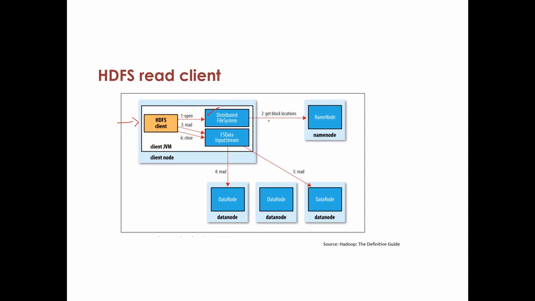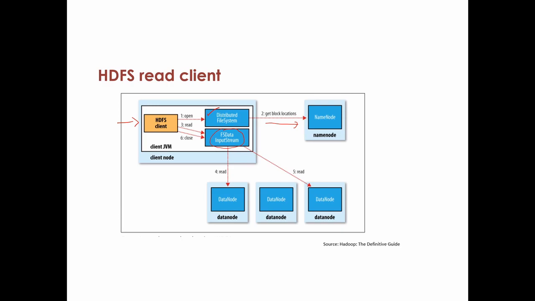Okay, and then it requests the name node to get the block locations. Once it gets the block locations, it creates this object called FSDataInputStream.